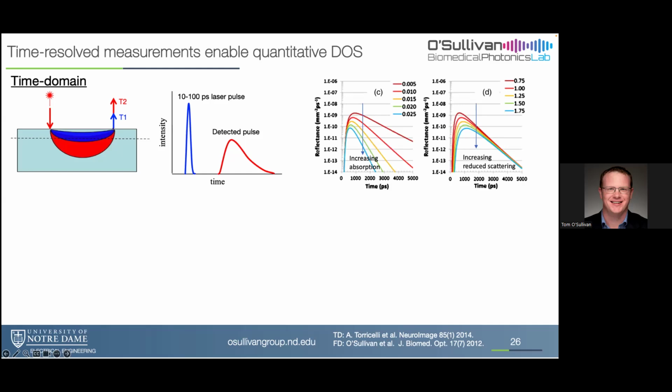We'll see this afternoon when we do the computational lab. But if you had tissue that had higher absorption, you would see that effect more in the late arriving photons. Why is that? What's special about late arriving photons and absorption?